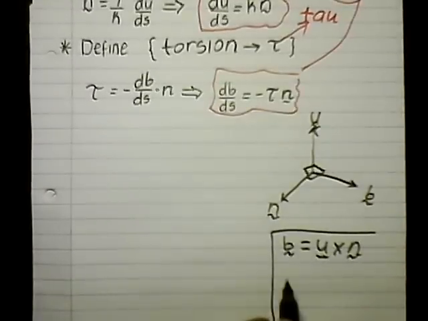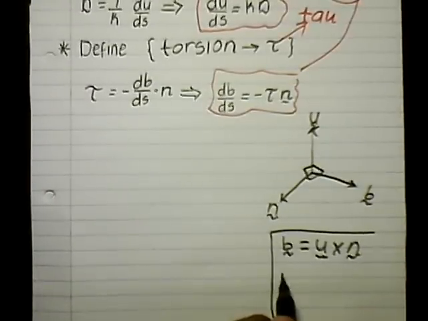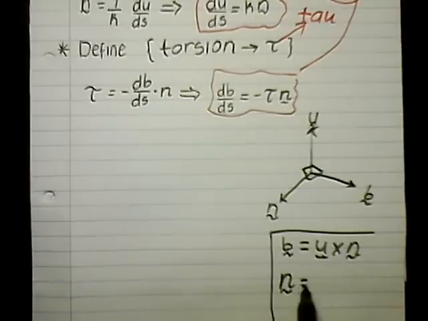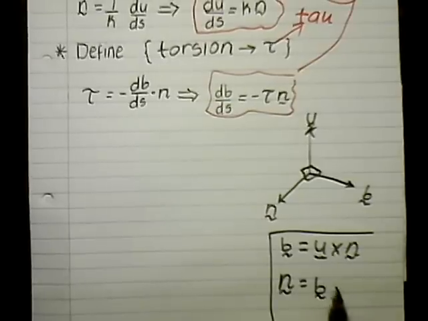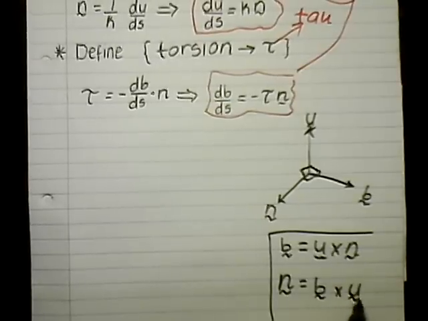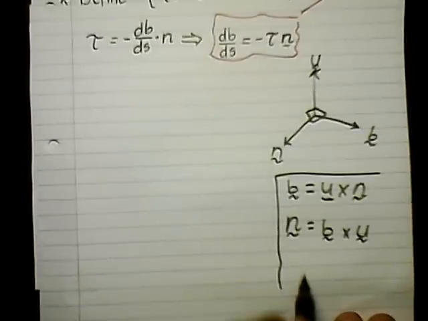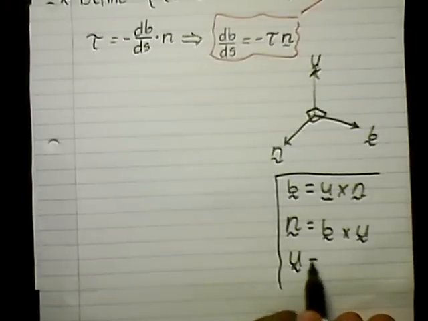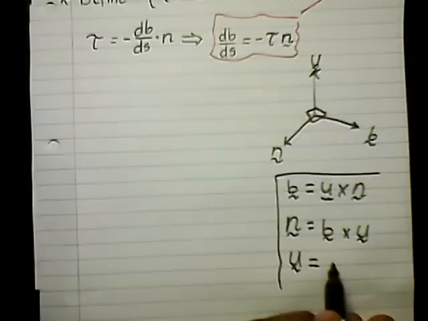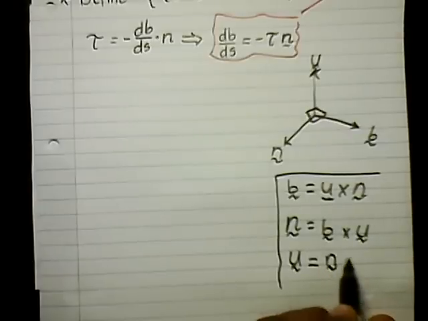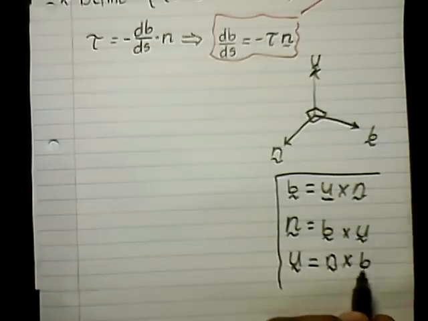Allow me to say vector n is equal to vector b cross vector u. And then let's define vector u from our diagram to be given as vector n cross vector b.